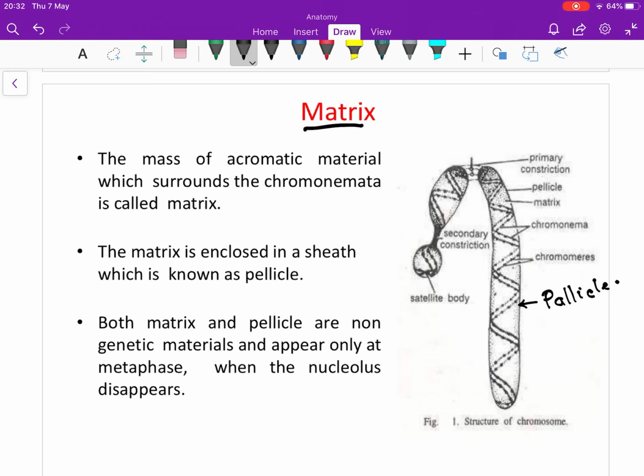It surrounds the chromonemata and is covered by the pellicle. Both matrix and pellicle are non-genetic materials and they appear only at metaphase, when the nucleolus disappears. Whenever the nucleolus disappears, at that time the matrix and pellicle appear. Okay, do you understand all the parts or all the structure of the chromosome?